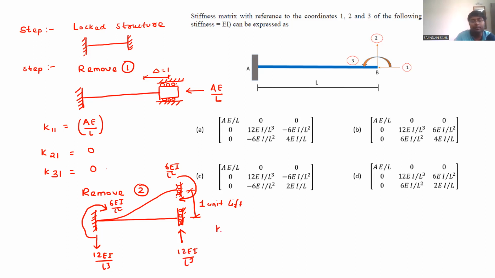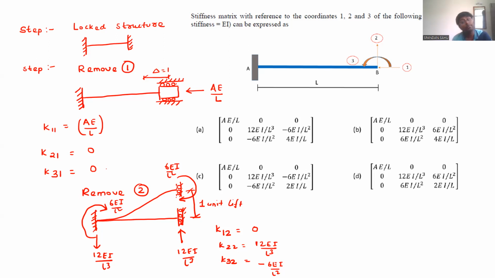Now tell me K12, K22, K32. K12 will be, K22 will be minus 12 EI, K32 will be 6 EI, minus 6 EI upon L square.